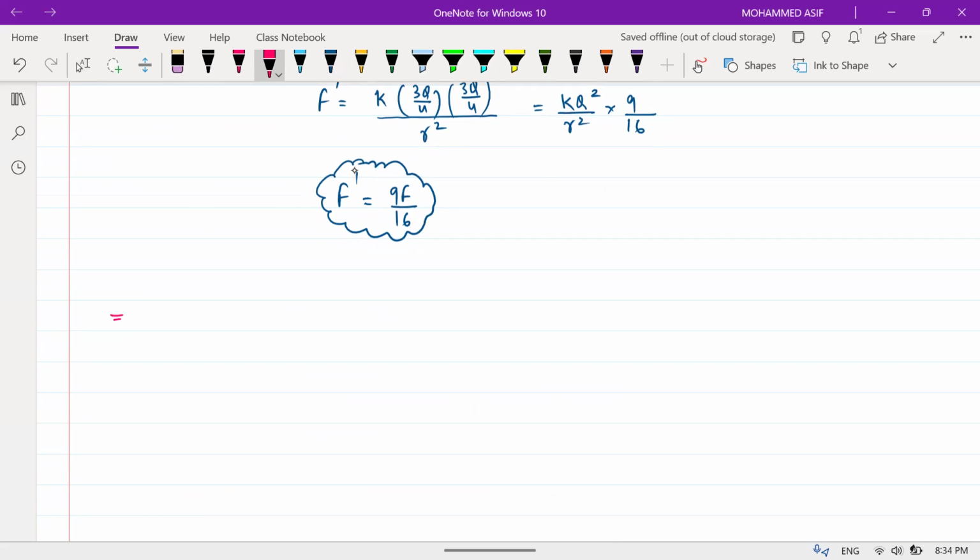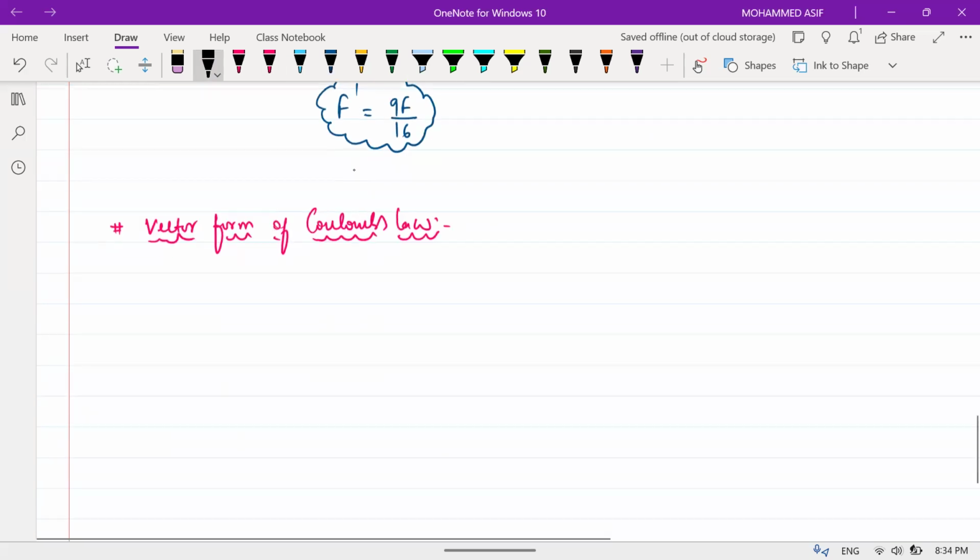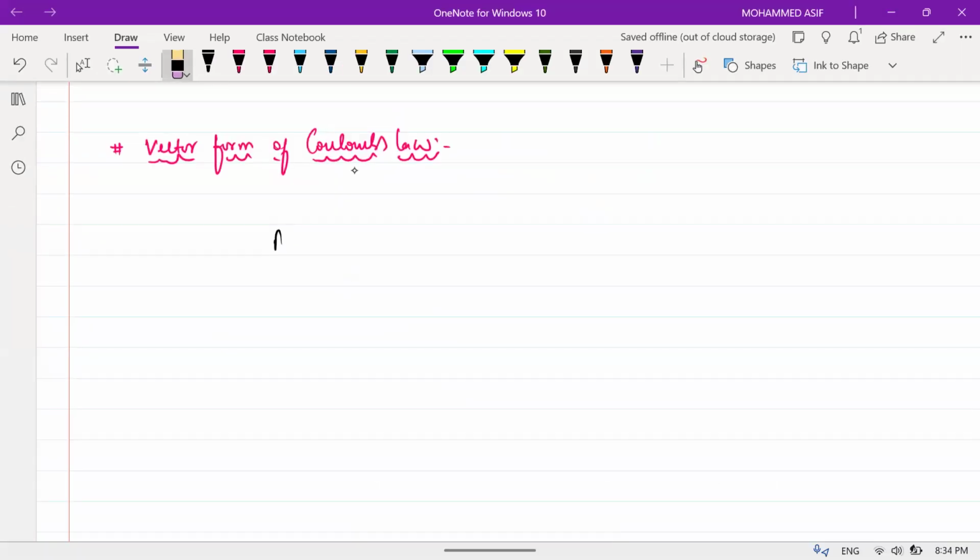Next one. Vector form of Coulomb's law. In vector form, we'll write the formula as F bar is equal to 1 by 4 pi epsilon naught into Q1 Q2 divided by R square, and the direction of this one is R cap.